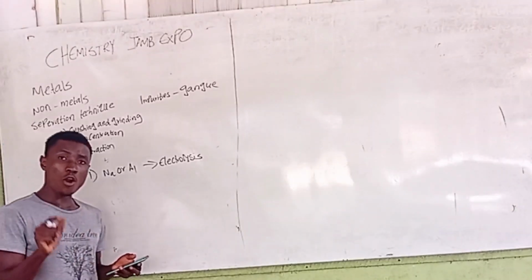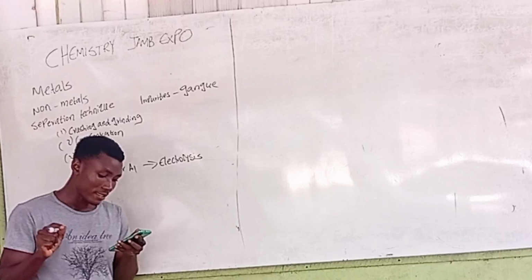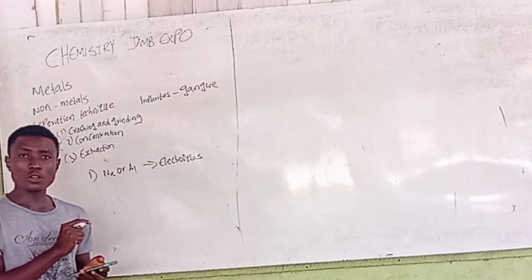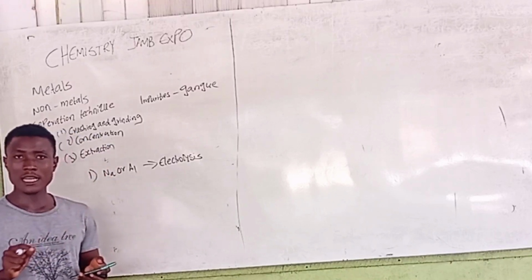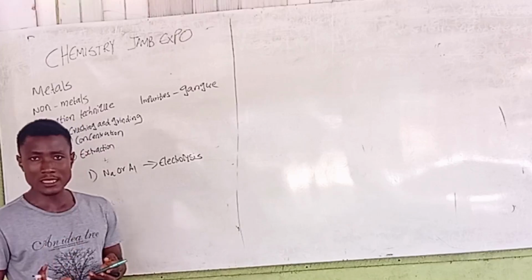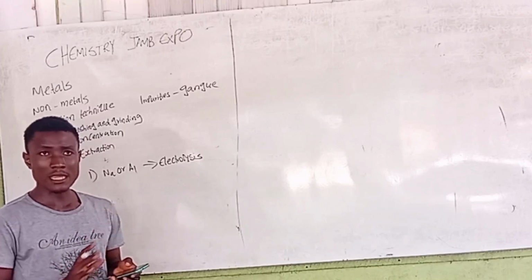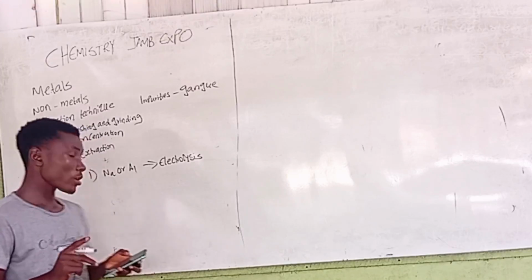Note that the ore for aluminium is bauxite. For aluminium to be extracted from the bauxite, we use electrolysis, which is simply using electric current to extract these metals, be it sodium or aluminium.